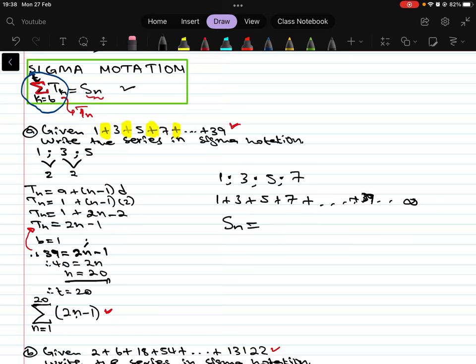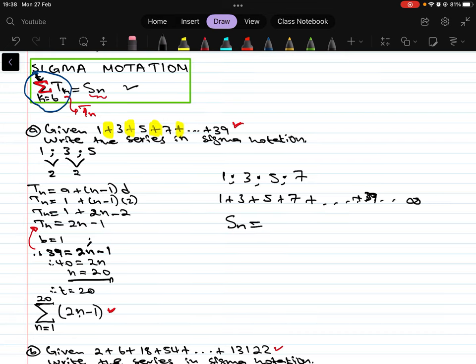For an arithmetic series, we had two types of Sn formula, which we call the sum formula or the series formula. The first one was Sn equals n over 2 into brackets 2a plus n minus 1 d. The other one is for when we know the last term: Sn equals n over 2 into a plus the last term.